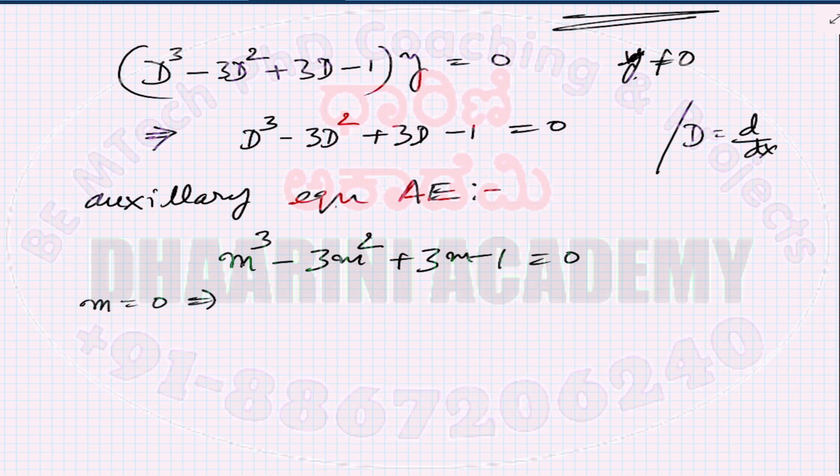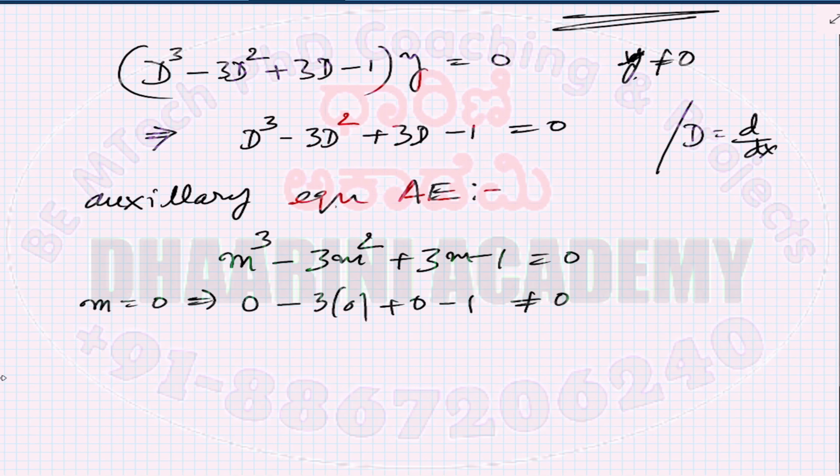M equal to 0 means this is 0 minus 3 into 0 plus 3 into 0 minus 1, which is not equal to 0. So this is not a solution. When you put m values, you can put different values of m, and you need to find an m value such that when you substitute it, it gives you 0.